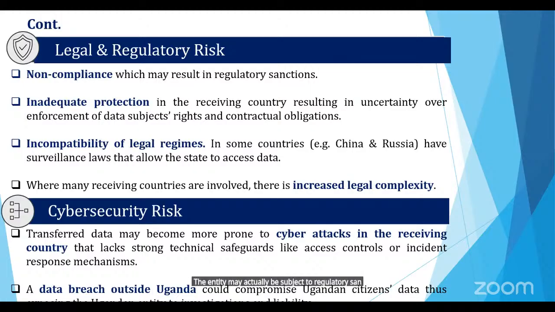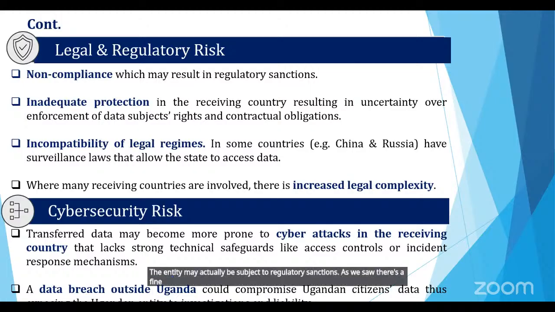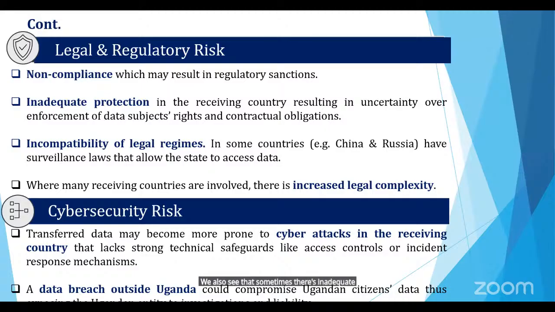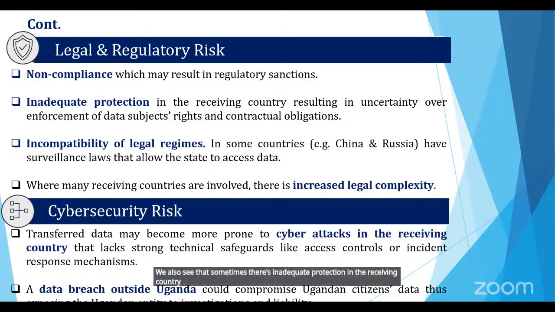As we saw, there's a fine of 40,000 Uganda shillings for each day, as well as imprisonment of 3 months, or both penalties can be levied jointly on the entity. We also see that sometimes there is inadequate protection in the receiving country, and this can result in uncertainty over the enforcement regime of the rights of data subjects and even contractual obligations in that receiving country.